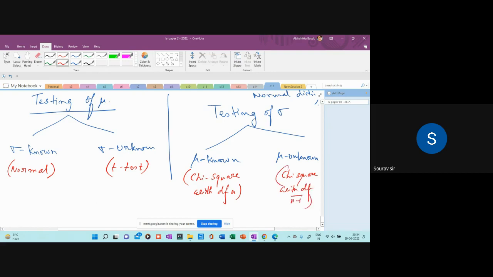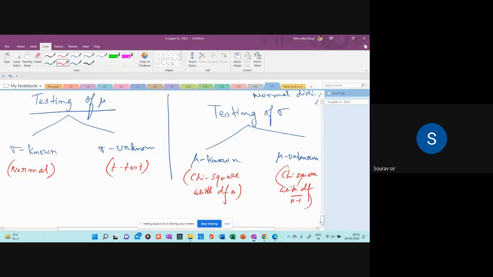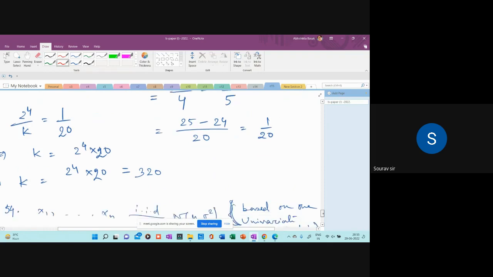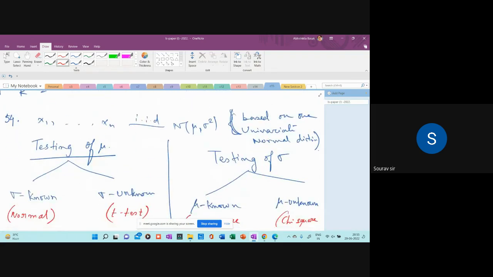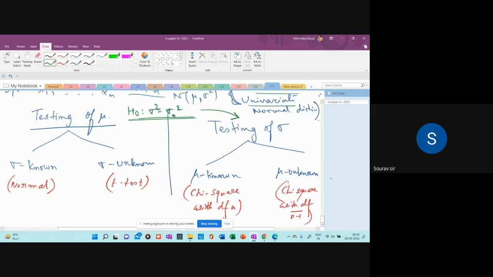So how do we classify our problem? They say we have to test for sigma. Whenever we see the scenario, first we judge whether it is based on a single univariate or not. Yes, it is based on a single univariate. Now we have to test H naught: sigma square equals some sigma naught square. So we have to test for sigma, so it comes under this category. Which subcategory do we choose, mu known or mu unknown?